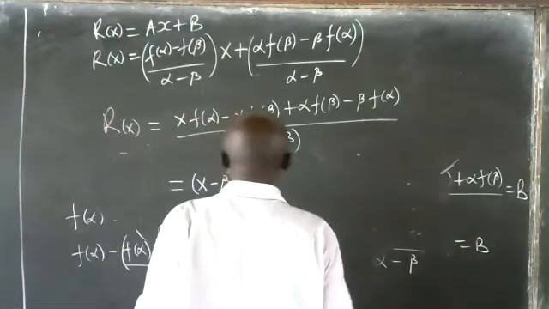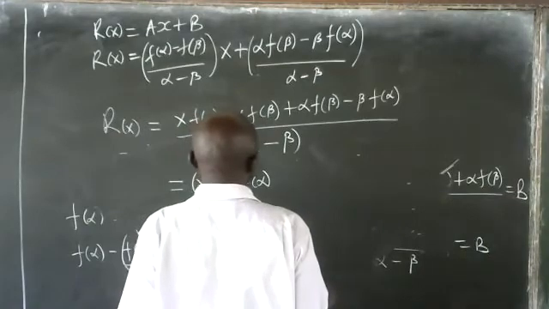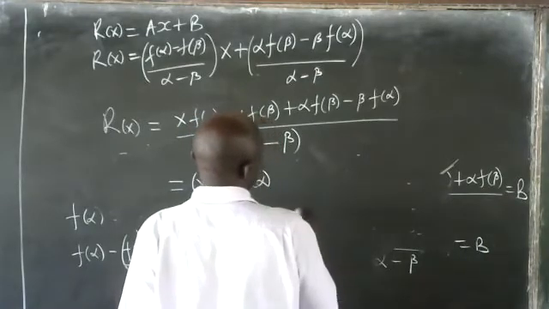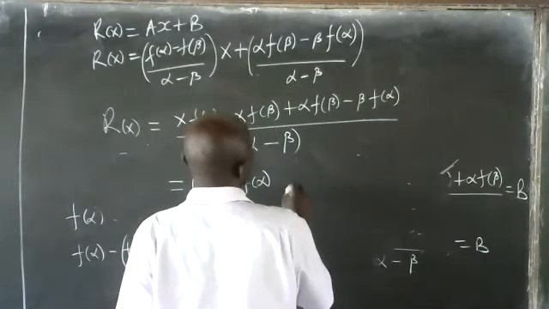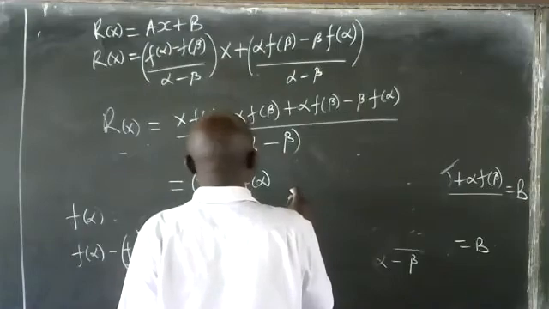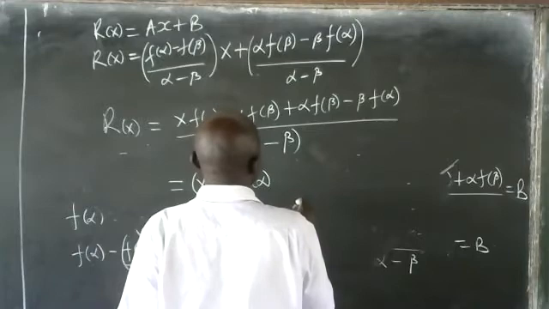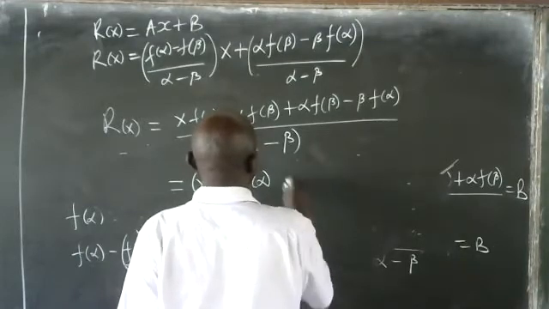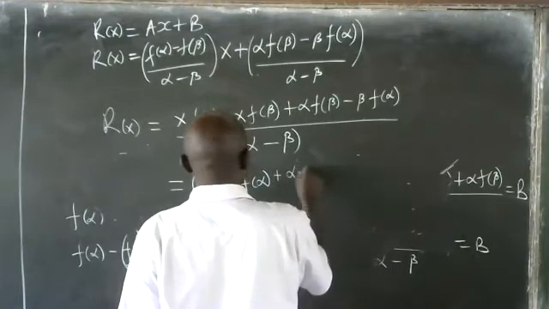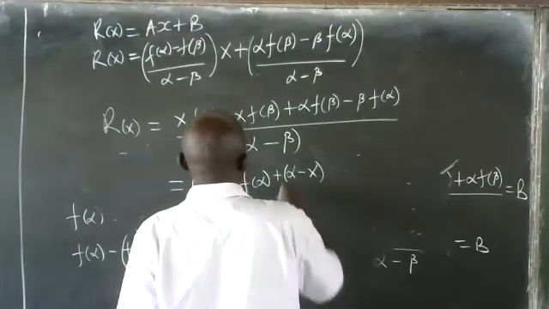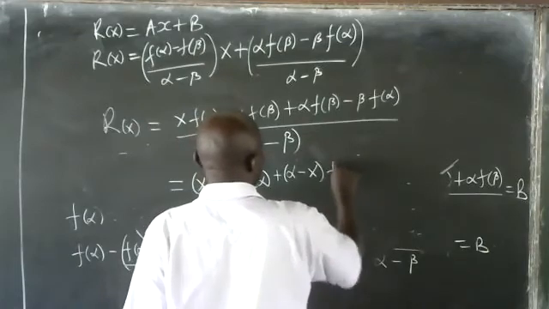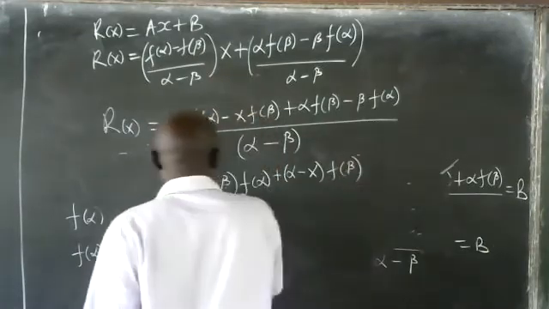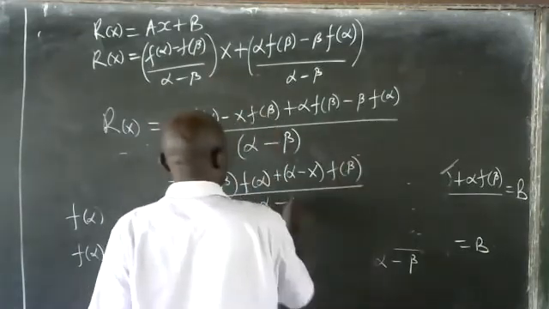Then we have beta minus alpha minus x, F beta, everything over alpha minus beta.